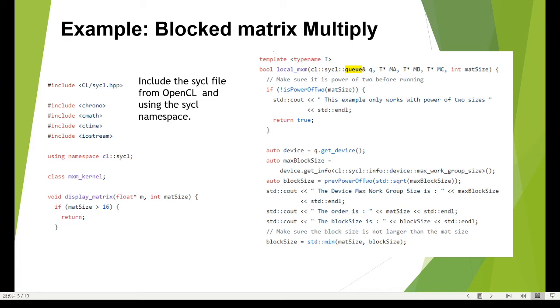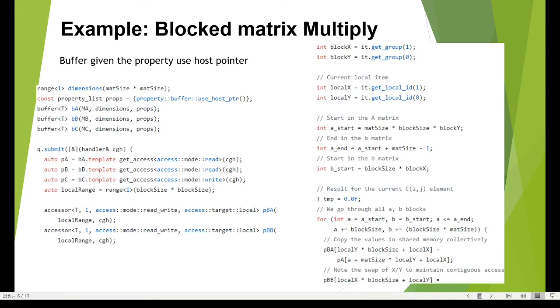This sample includes the SYCL file from OpenCL and uses the SYCL namespace. The function chooses an appropriate device, then enqueues the matrix multiply on the queue provided. Because the queue is constructed inside the function, this function will block until the work is finished.